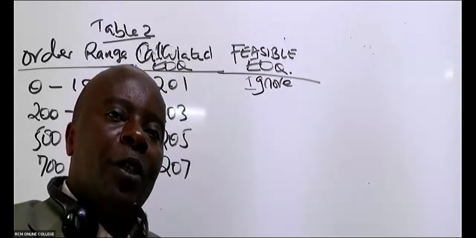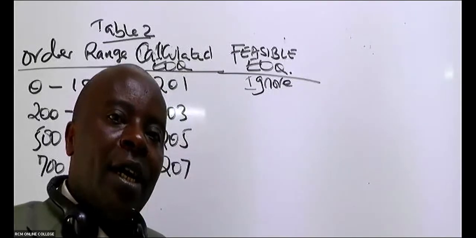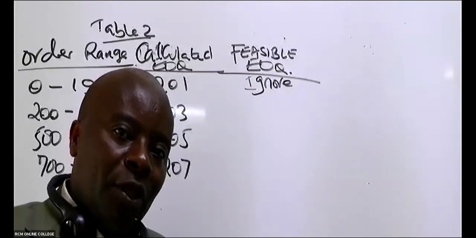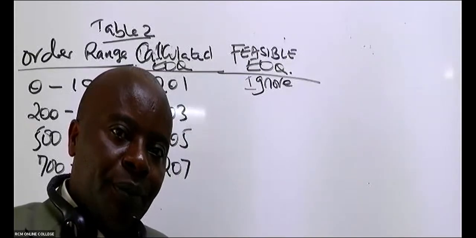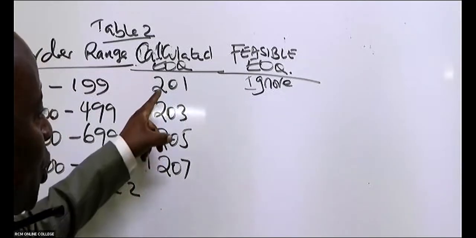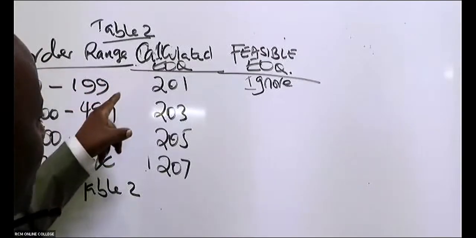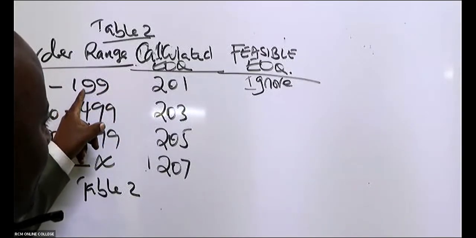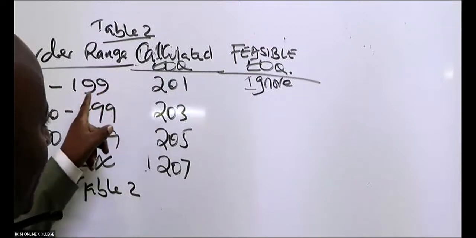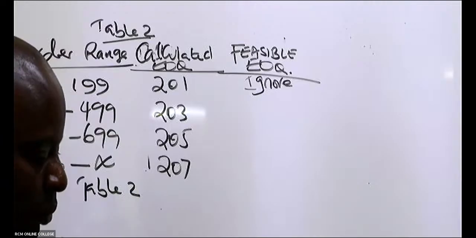If it is below the range, you evaluate the total cost of the lowest range value. Let's move slowly. This 201 is more than this range. You can see 199 is the higher class limit. So 201 is more than 199. The rule is you ignore.